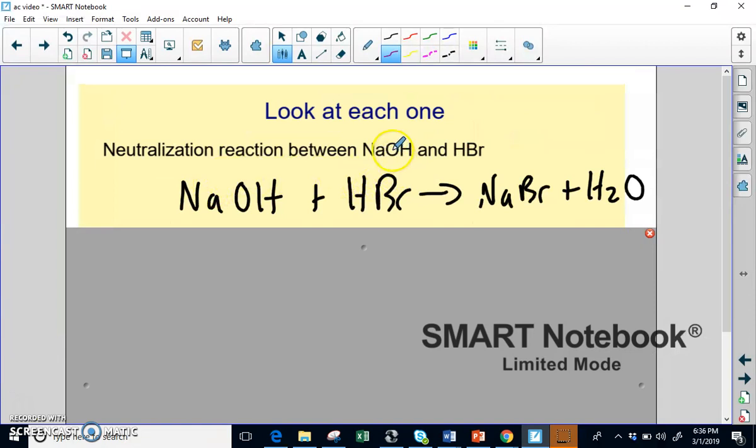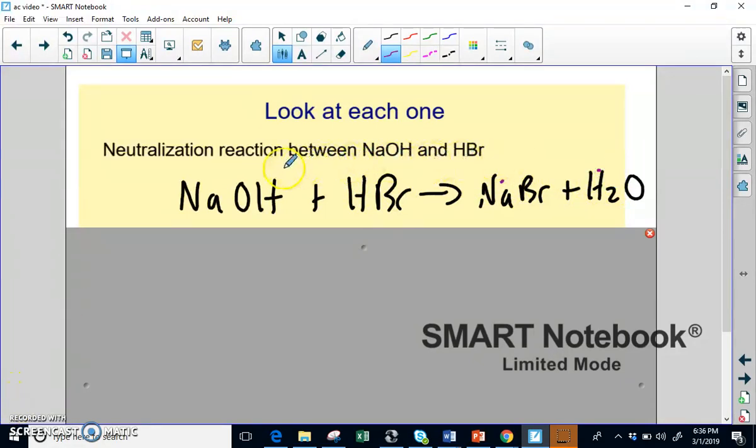So here we see the reaction between a strong base and a strong acid. It's sort of like a double replacement reaction. If we react equal moles of NaOH with equal moles of HBr, we get NaBr and water, a salt and water.